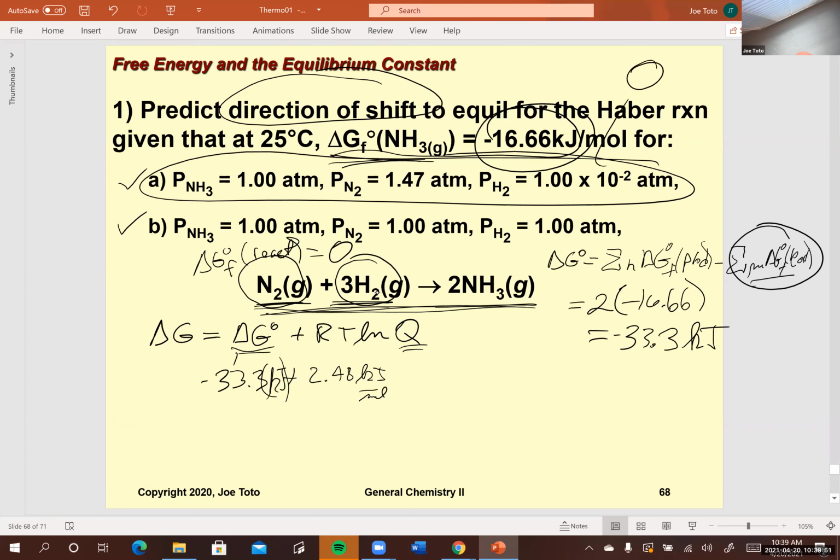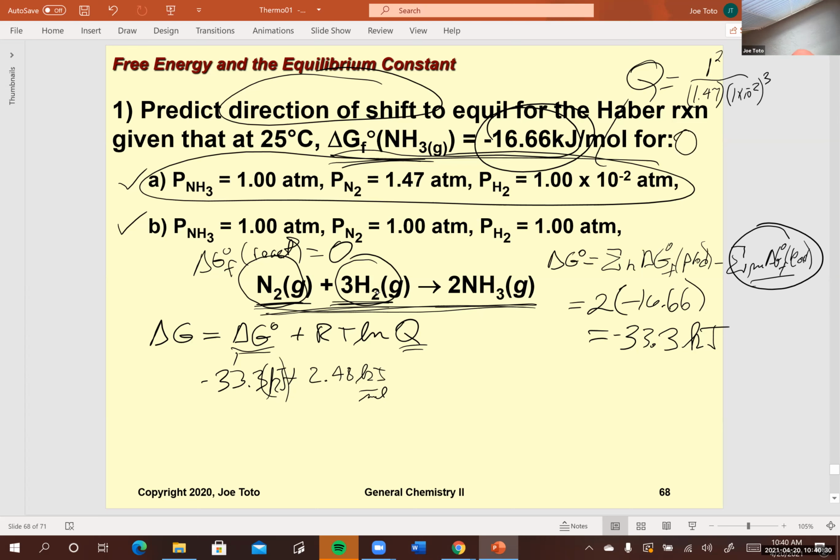So Q here is going to be NH3 squared, so that's 1 squared, over N2, 1.47, times 1 times 10 to the minus 2 to the third, right?